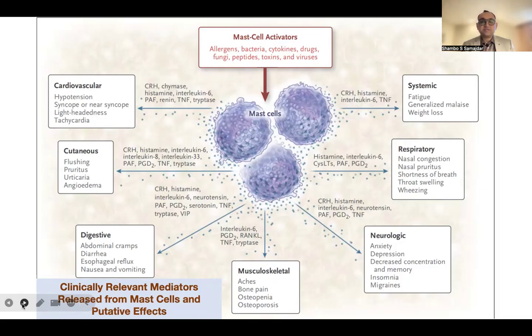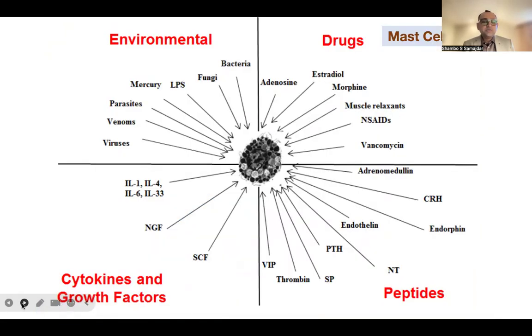There are systemic symptoms like fatigue, generalized malaise, weight loss, respiratory symptoms, neurologic symptoms, as mentioned here. And here we can see the factors, different types of drugs. For example, NSAIDs and vancomycin are very common.